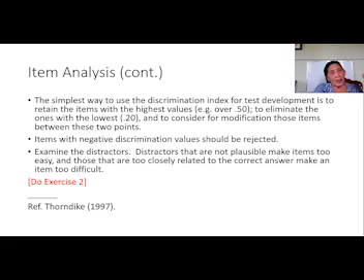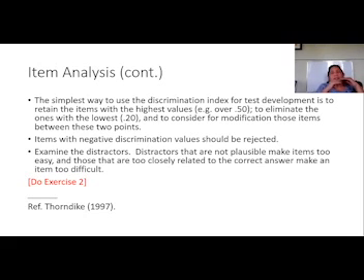So if the discrimination power is 0.20 or lower than that, then what do you do? Discard that. Eliminate that.